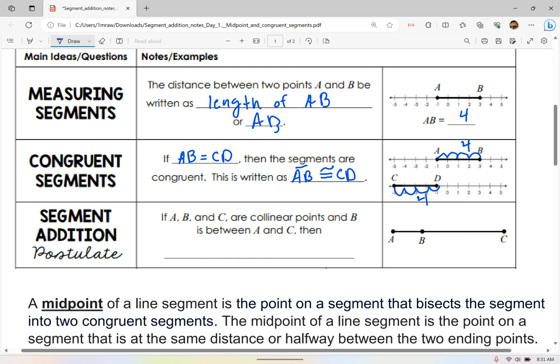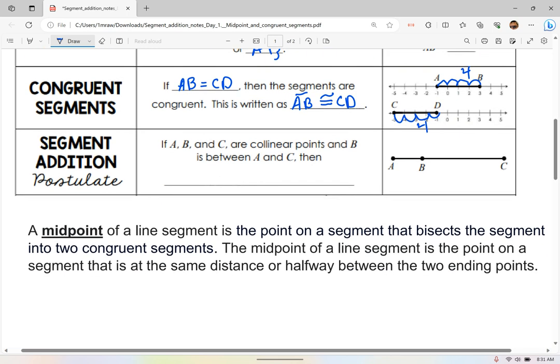Now, we have this thing called the segment addition postulate. We're going to focus a little bit more on that tomorrow. The segment addition postulate states that if A, B, and C are collinear, remember, collinear means together on the same line, and B is between A and C, then AB plus BC equals AC.